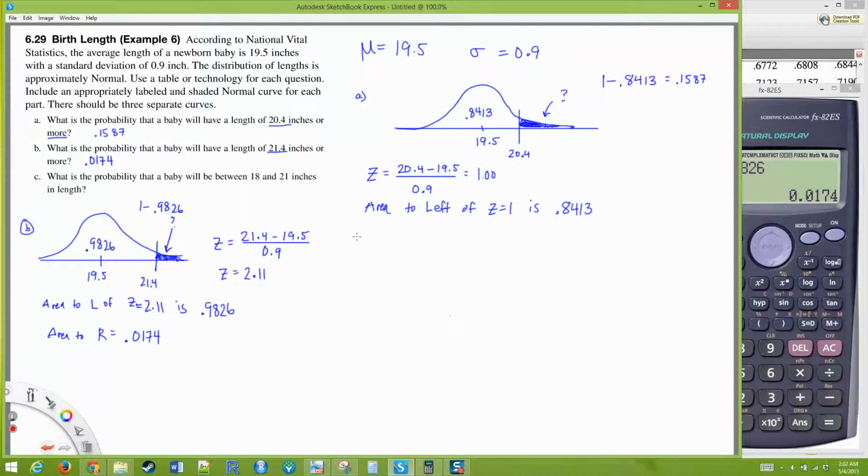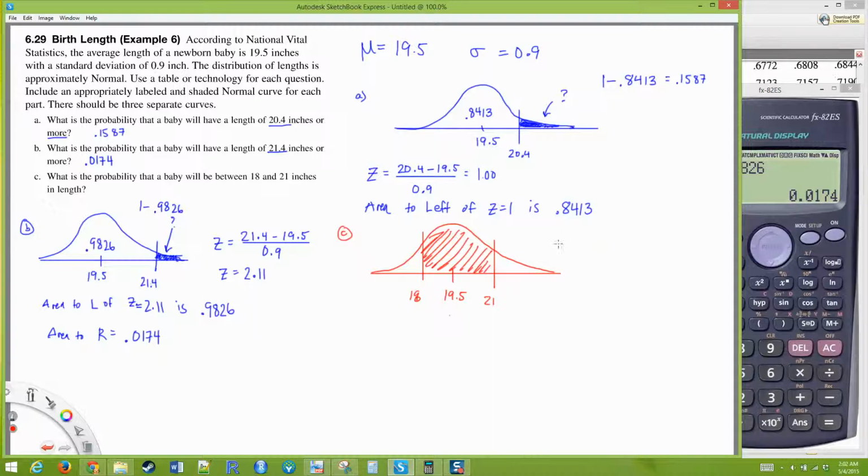Let's switch it up for the last problem. It says what's the probability that a baby will be between 18 and 21 inches in length? Okay, so in this case, we're still centered at 19.5, but 18 inches is smaller than 19.5, and 21 inches is larger than 19.5. And I want to know how much is in between.